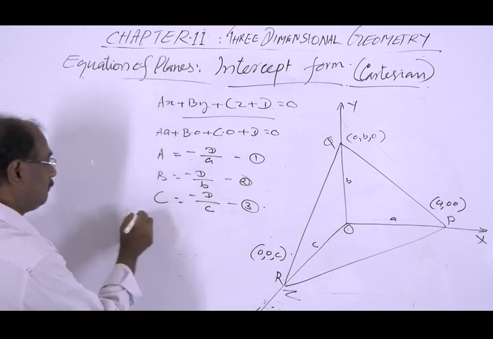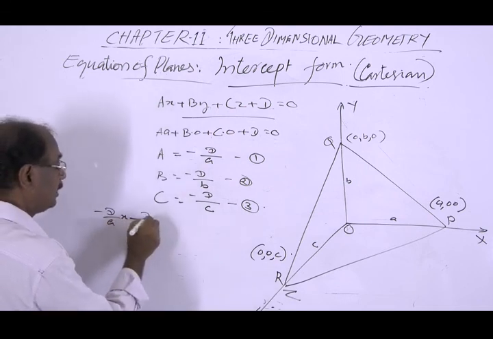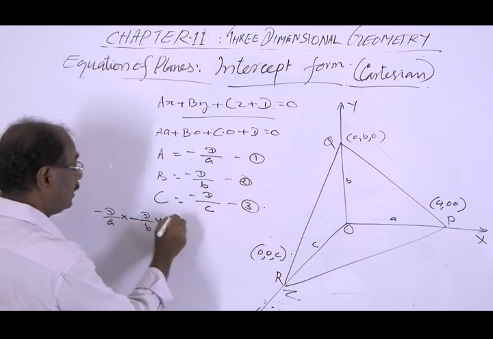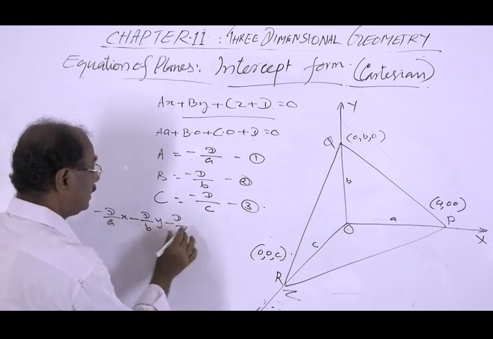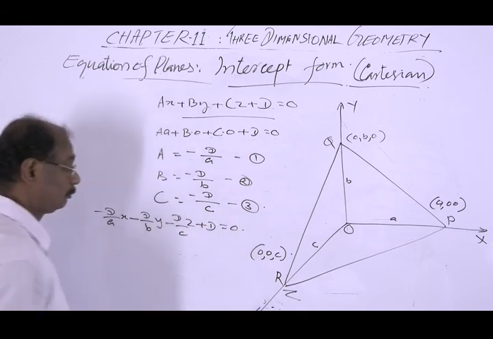So we see that minus D by a times x, minus D by b times y, minus D by c times z, plus D equal to 0.